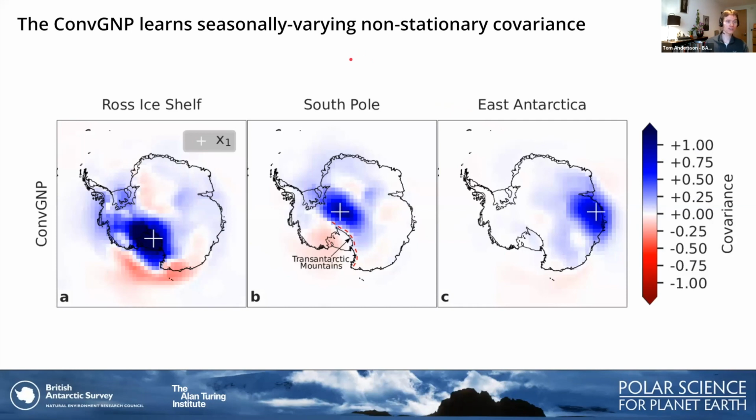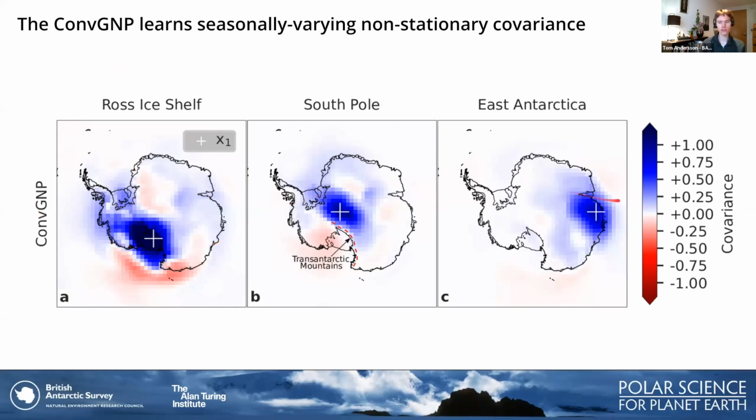Now, once we've done this, we find that the ConvGMP learns super interesting, seasonally varying and spatially varying covariance structure. And the technical term for that is non-stationary covariance. So the strength of correlation or covariance between two points in space changes depending on where you are, which is a crucial modeling characteristic for complex environmental data like surface temperature.